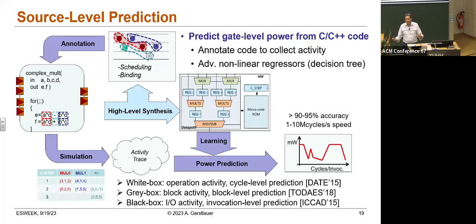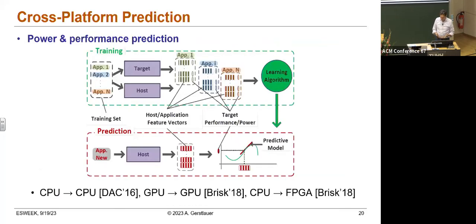At the most detailed level, you track exactly what data is flowing through which operand in each operation in the C code. Then you can build power models at the invocation level, block level, or down to the cycle level and make predictions, again with very good accuracy and very fast speed, and being able to train these models with very few test vectors. So those are examples of cross-layer prediction.